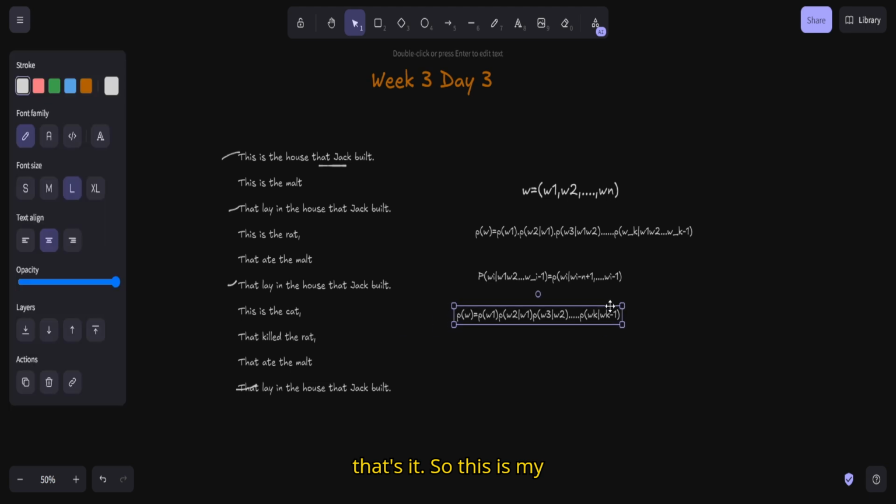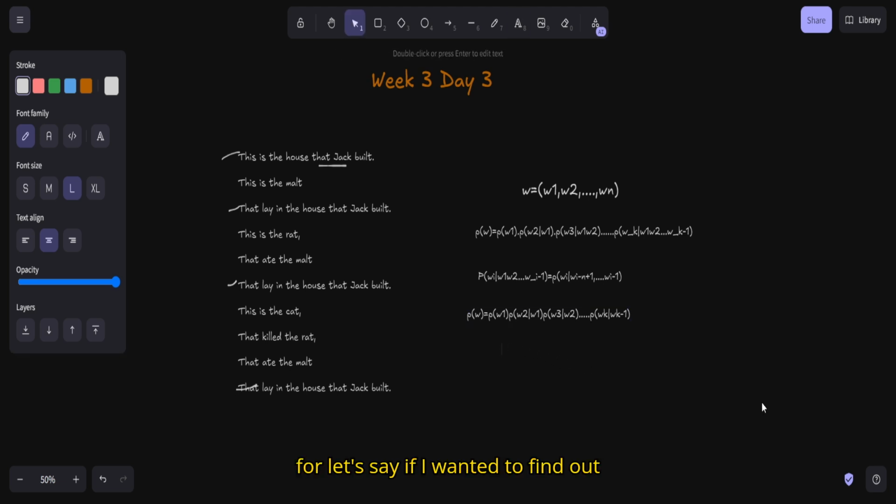That's it. This is my equation for a bigram model. If I wanted to find the probability of "this is the house", it will become the probability of this, into the probability of "is" after this, then the probability of "the" after "is", then the probability of "house" after "the".